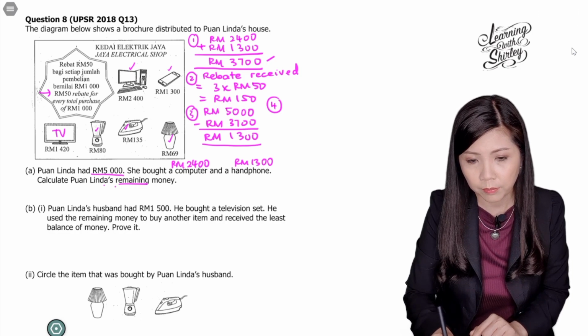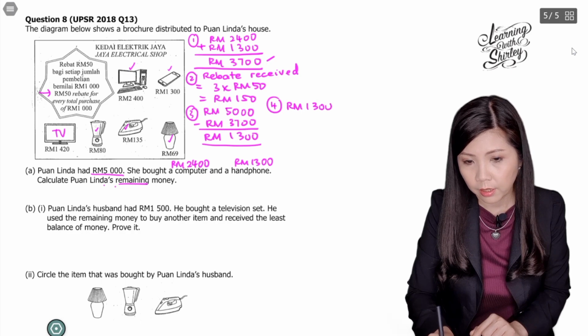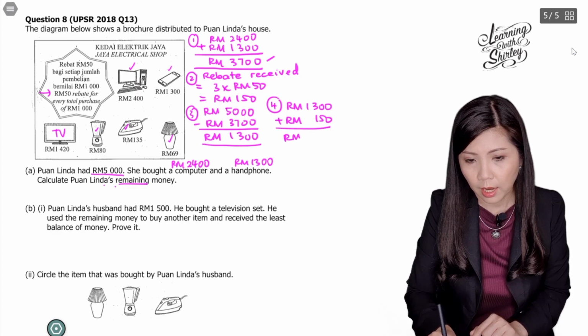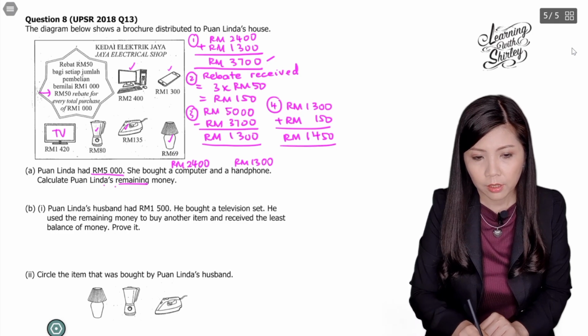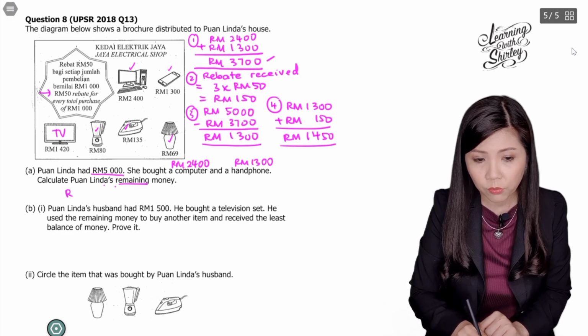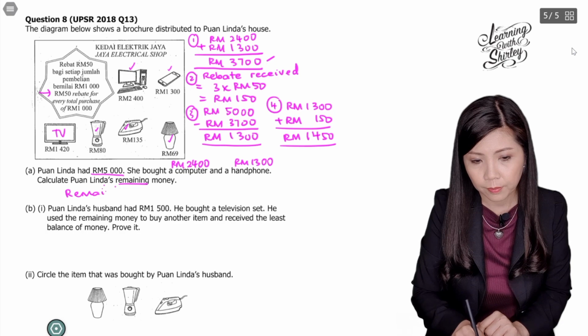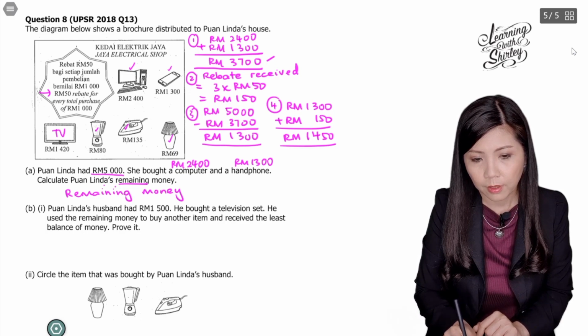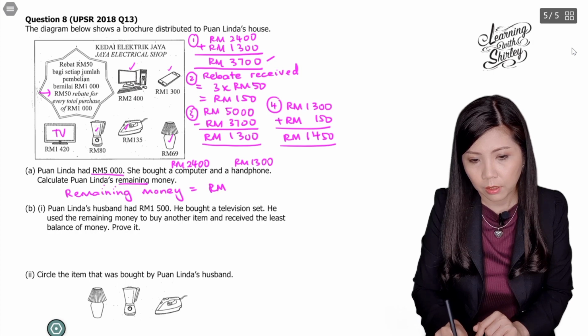So 1,300 plus the rebate, which is 150. So the answer is 1,450. Therefore, Puan Linda's remaining money is 1,450.